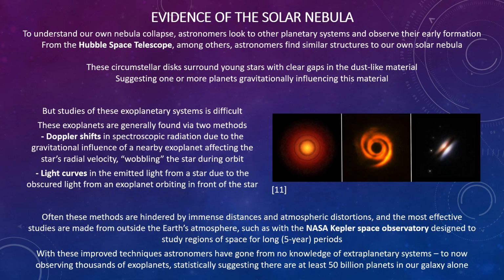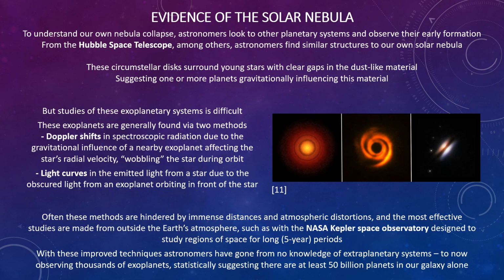Generally, they're found using Doppler shifts, which is looking at the spectroscopic radiation from the stars and looking at the gravitational influence of a nearby exoplanet affecting the star's radial velocity, causing it to wobble and giving it a little bit of a velocity shift, which causes a shift in the spectral data, from which you can then estimate the mass of the planet from how much that shift is happening.